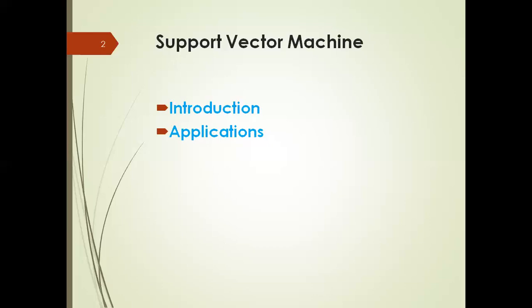SVMs are popular since they are state of the art for many practical problems such as identifying spam emails and other text mining applications. So identifying spam emails and other text mining applications are some of the applications that are possible with the support vector machine. So this is a brief introduction about support vector machine.